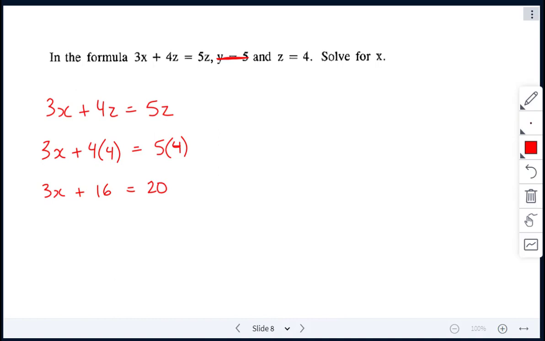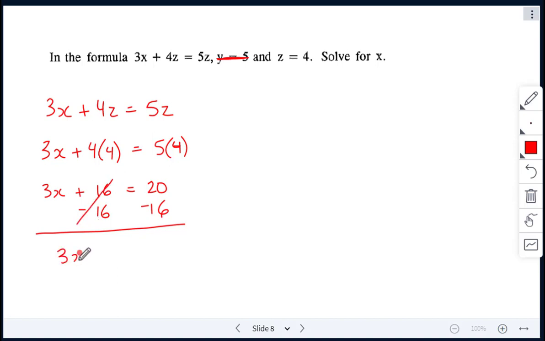All right, so in this example, we are trying to solve for x. So all I've done so far is I substituted in the z equals 4. So here, and we substituted in here, and now we can go ahead and solve for x. The other thing we noted was there was extra information given, y equals 5. There is no y in the equation. Okay, so we have 3x plus 16 equals 20. We're going to subtract 16 on both sides.